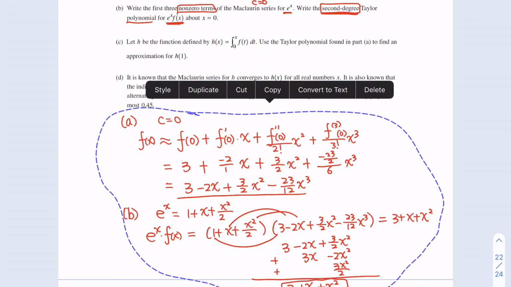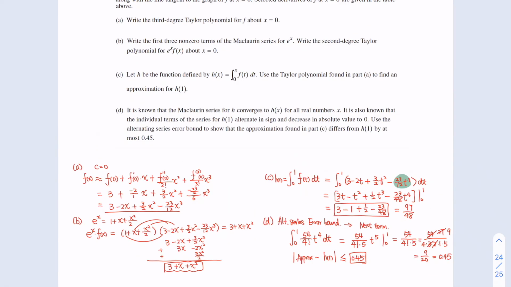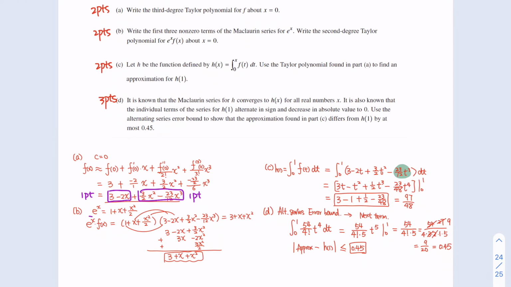Let's have a look at the rubrics. So part A, 2 points, B, 2 points, C, 2 points, and 3 points for the last part. For part A, if you have 2 terms, you have 1 point. If you have the rest, you have another point. For part B, the e to the x series is 1 point, and the multiplication, 1 point.